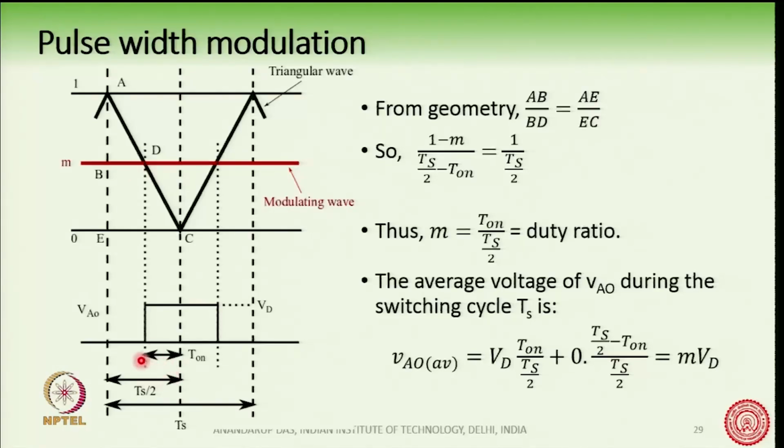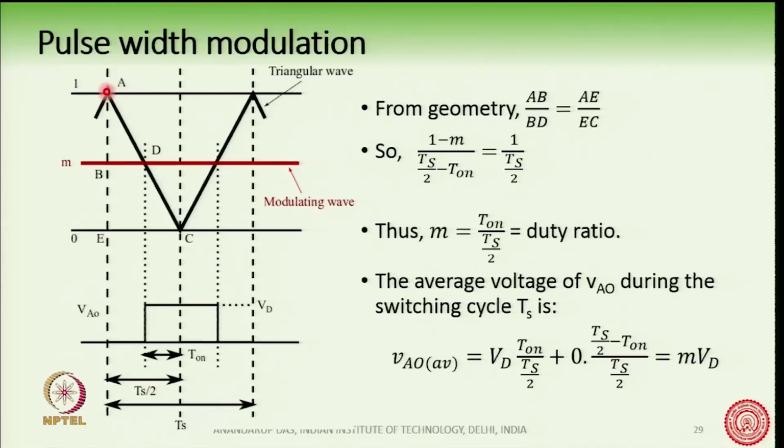T on is the time for which the upper switch S1 is on and we are getting a voltage waveform here. This is the time period Ts and this is Ts by 2, and then there is a T on time period here. So the length BD will be equal to Ts by 2 minus T on.